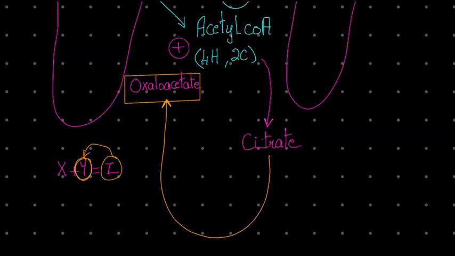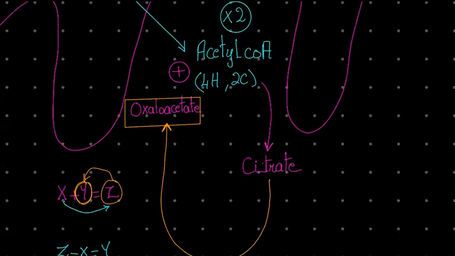So you have to subtract X from the Z. So Z minus X equals Y. So who is the Y here?